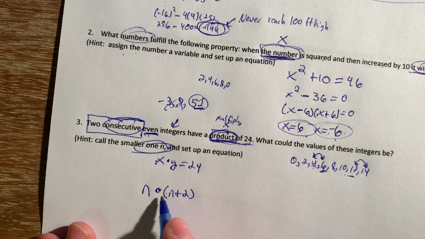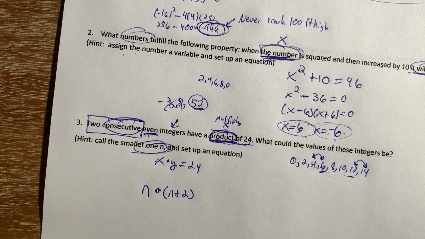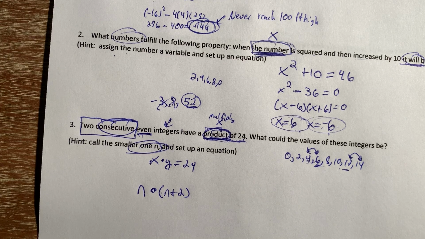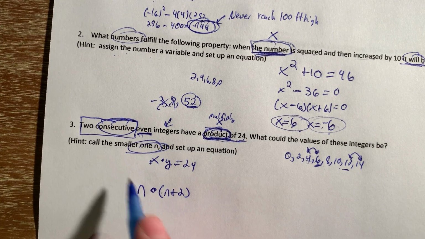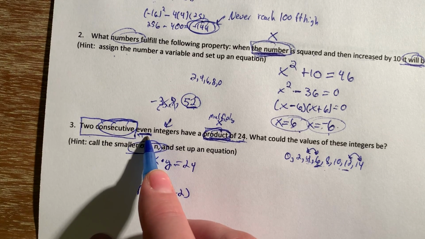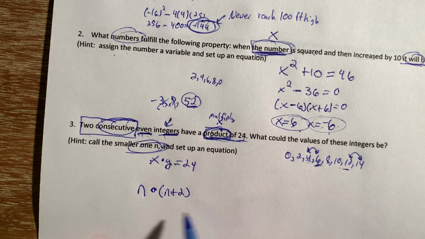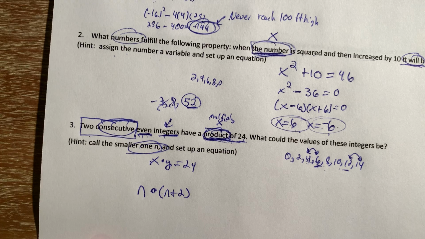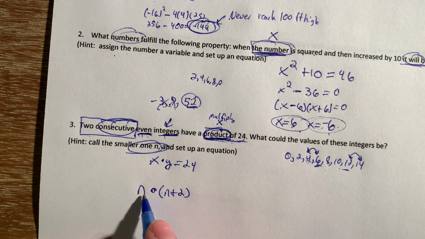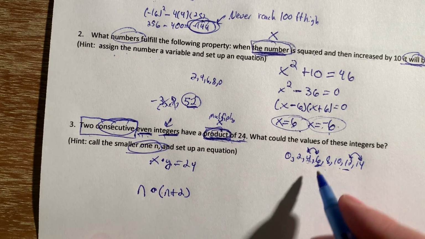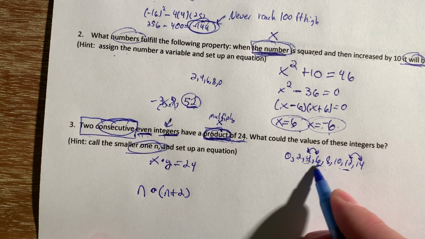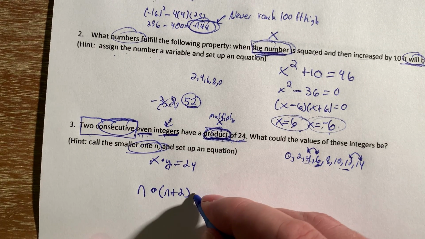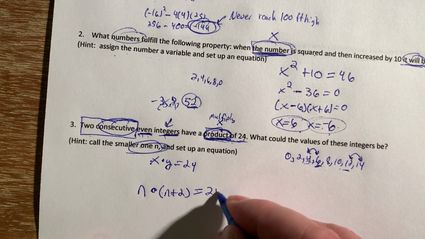This is kind of powerful and difficult, especially if English is not your first language. Reading this and getting all the information out of it is important. 2 consecutive even integers, every single word is important, have a product of 24. So for them to be consecutive and even, it means the next one after it has to be 2 above what it is. So these have to multiply to make 24.